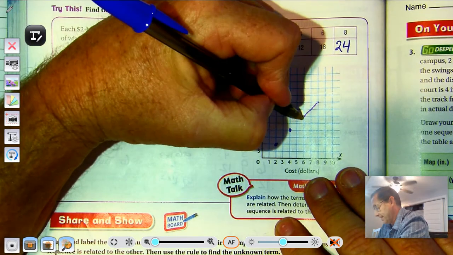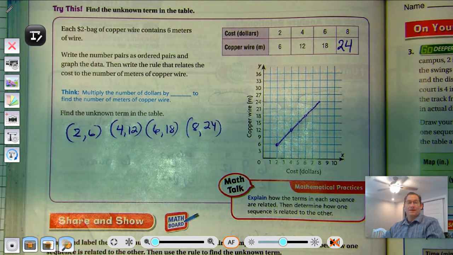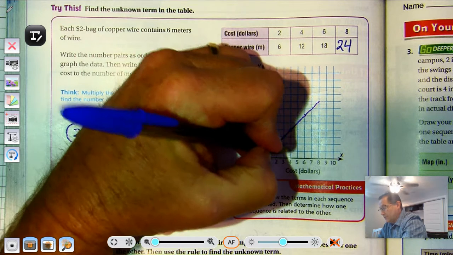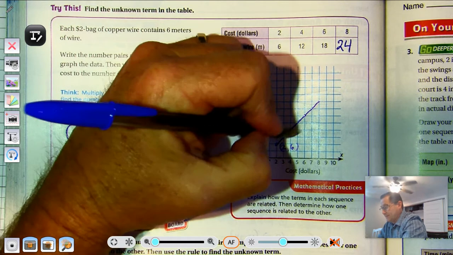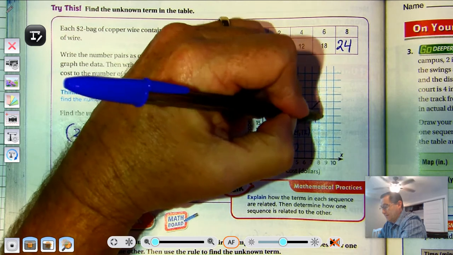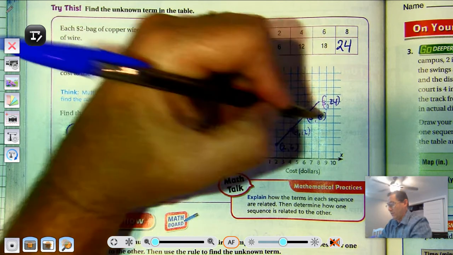And again, we get a straight line. Okay, so it was 2, 6, 4, 12, 6, 18, and 8, 24.